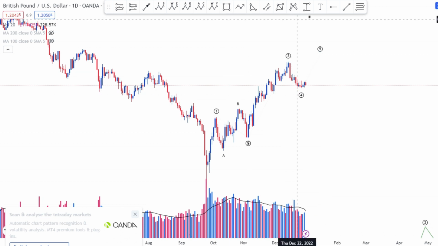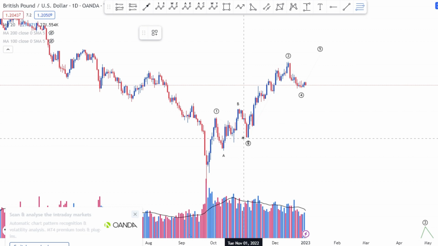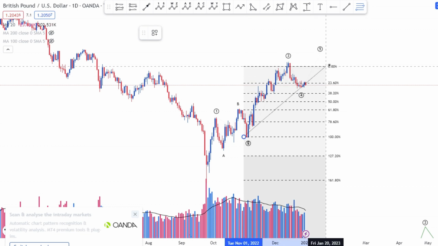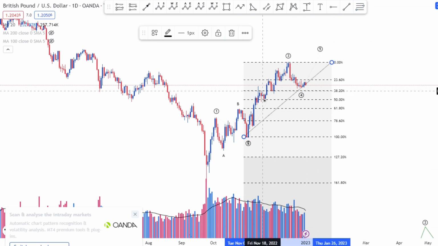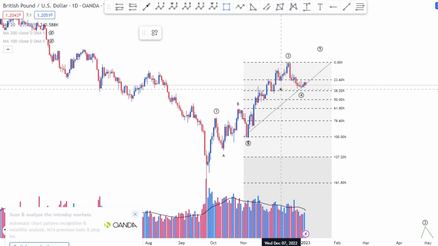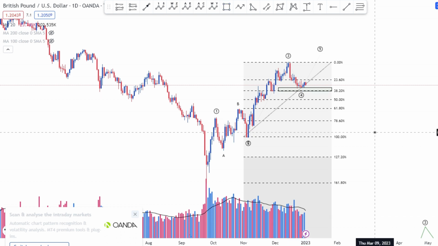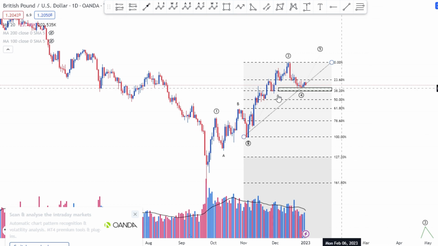And if you take Fibonacci, you will see that the market is trying to reverse around 38.